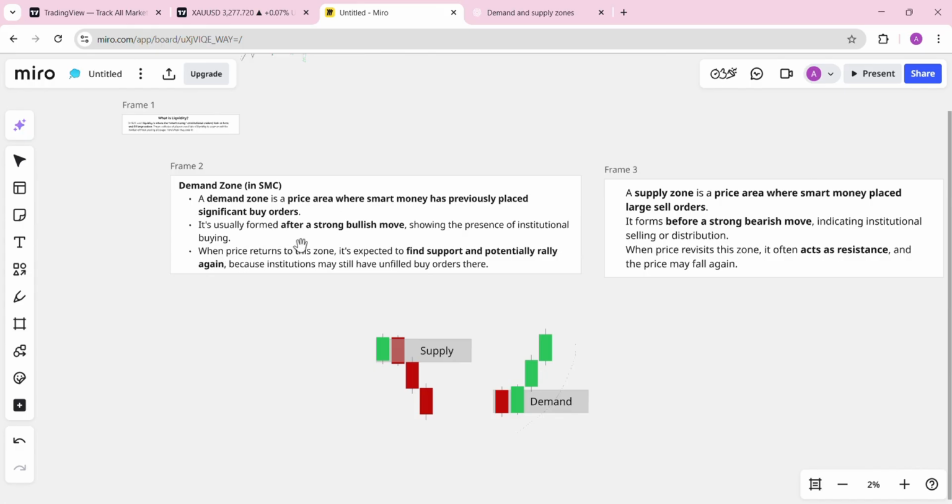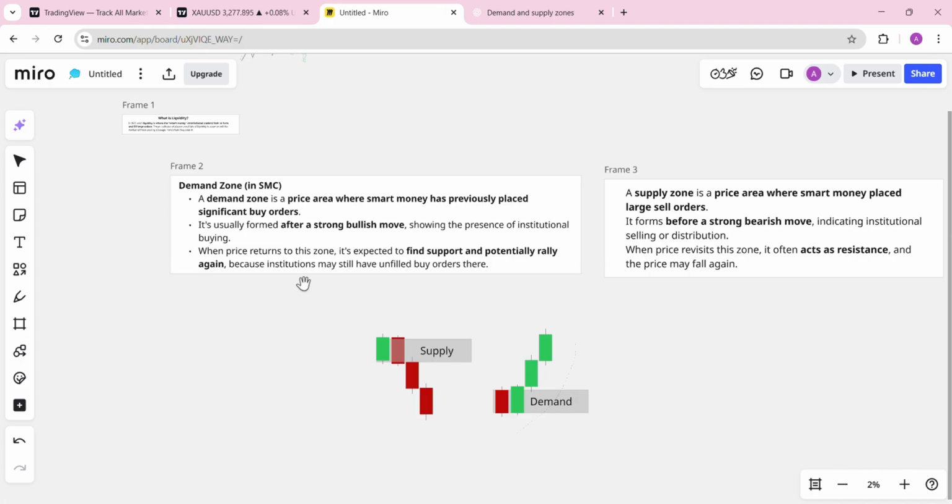It is usually formed after a strong bullish move, showing the presence of institutional buying. When price returns to this zone, it is expected to find support and potentially rally again. This is what the demand zone is.